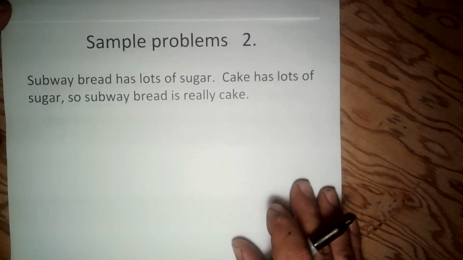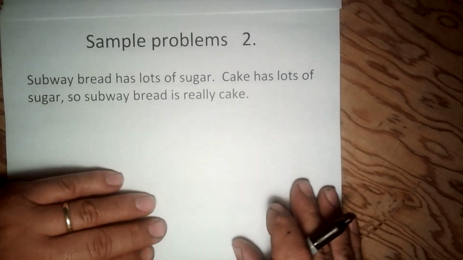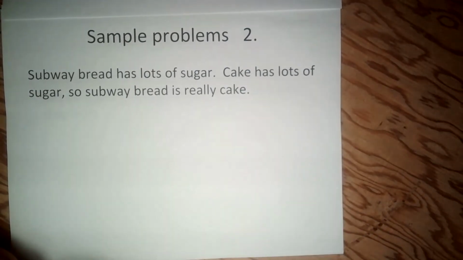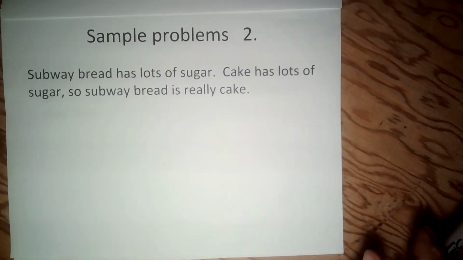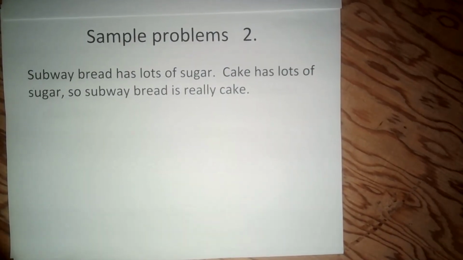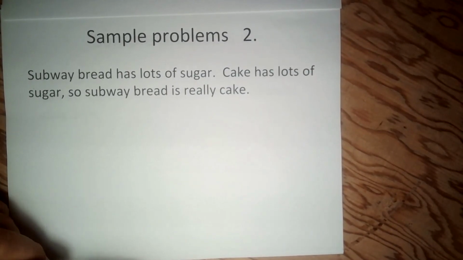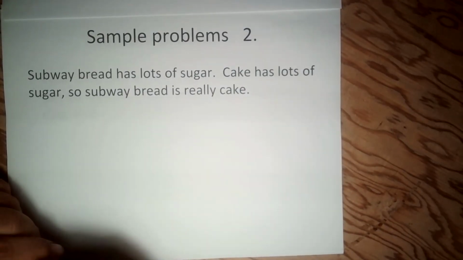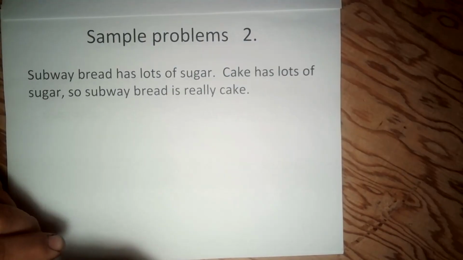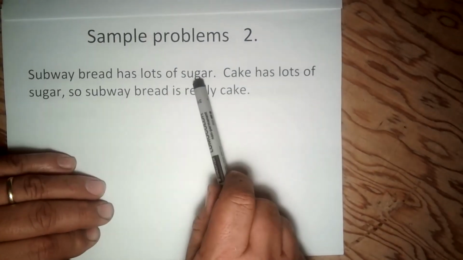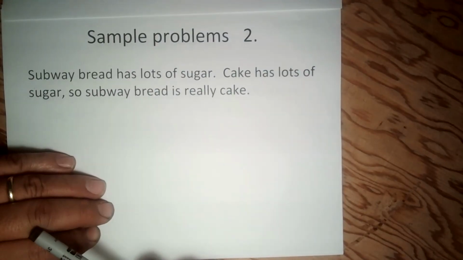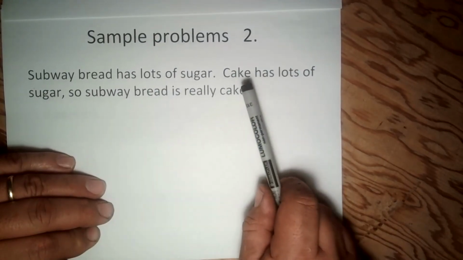So now we're not quite going to get political yet, but I don't know if you've noticed in the news that the country of Ireland has noticed that the bread Subway puts in their sandwiches is pretty sweet, and so they tested it and found it had lots of sugar, so much in fact that they decided it is actually more properly classified as cake.